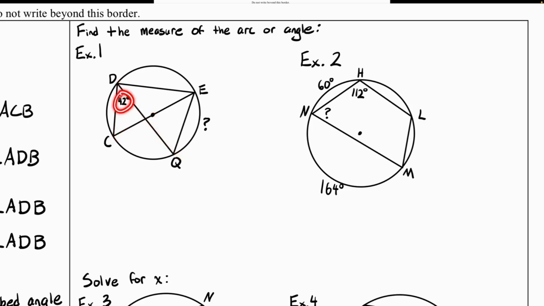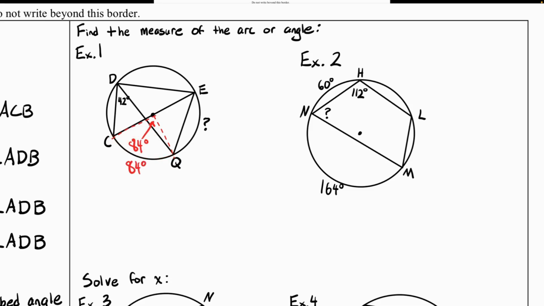So if this angle is 42 degrees, this central angle that also intersects C and Q, that you can't see here, I have to draw an imaginary line here and here. This angle is double this angle, so I can say that this angle is 84 degrees. We all nod our heads. That's how inscribed angles work. That's the new thing that we learned, which means that this arc measure right here is the same as the central angle, also 84 degrees.